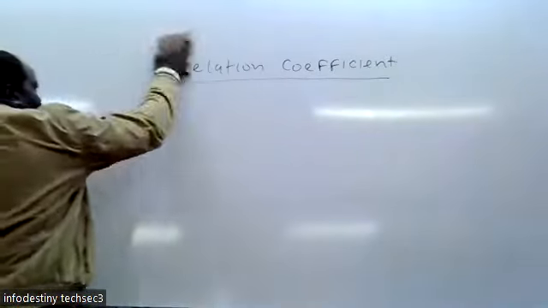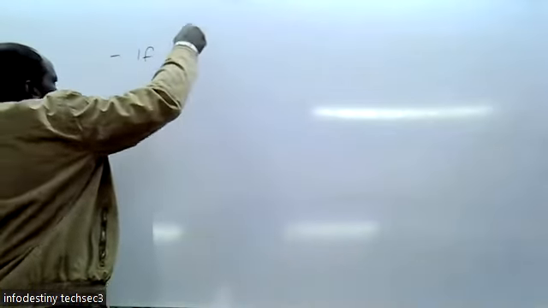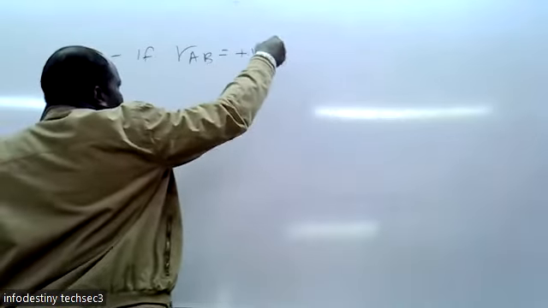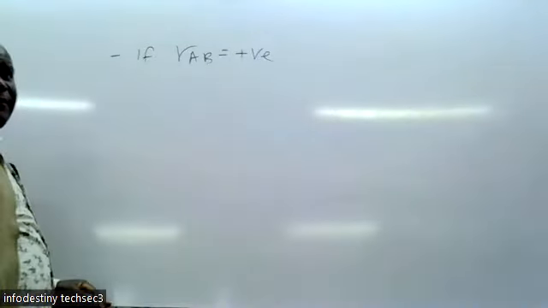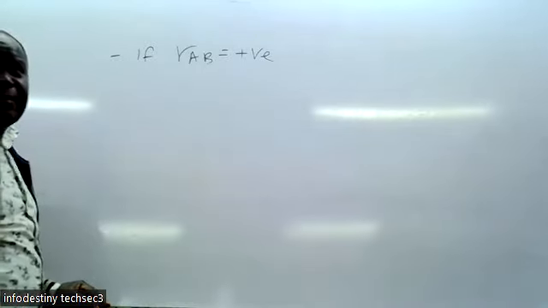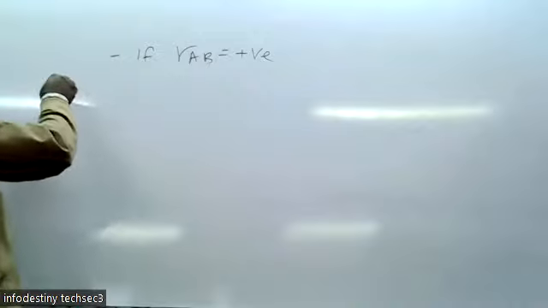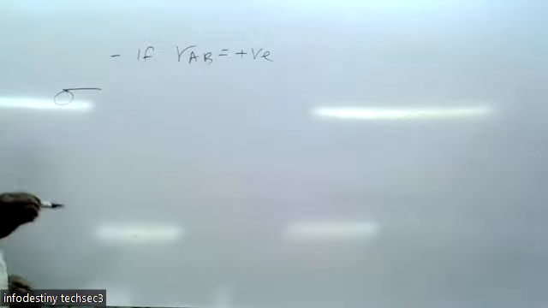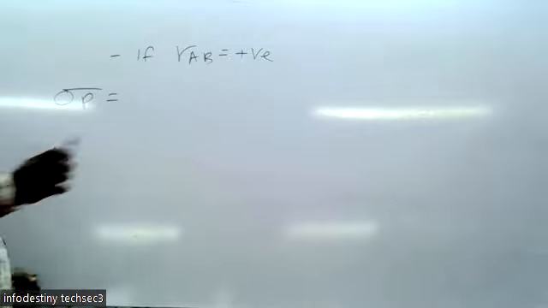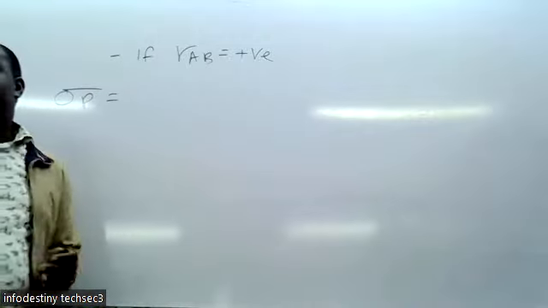What we are simply explaining there is that if the correlation coefficient between A and B is positive, and you want to calculate the standard deviation of the portfolio, remember, our portfolio is now a combination of the two.